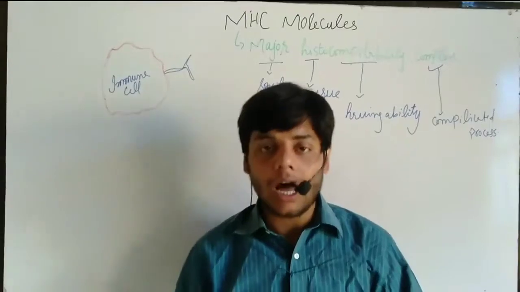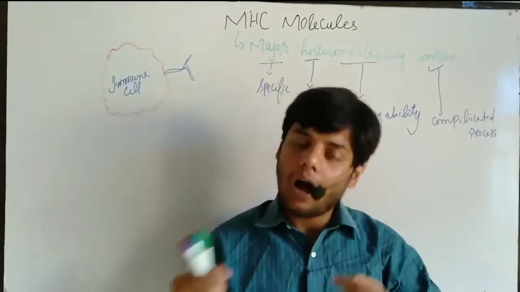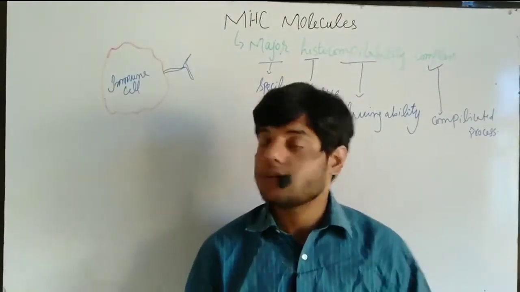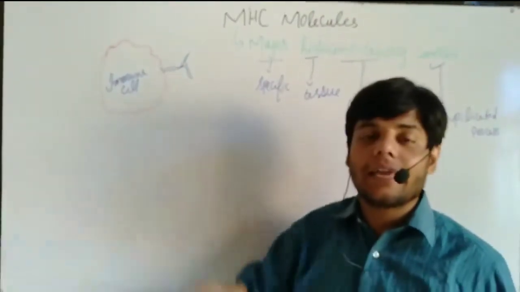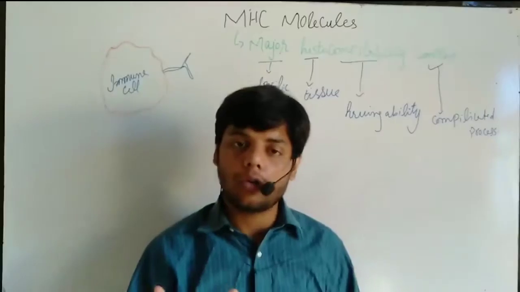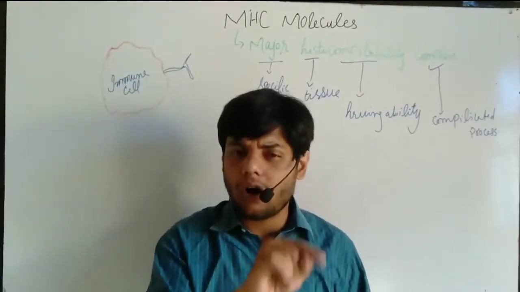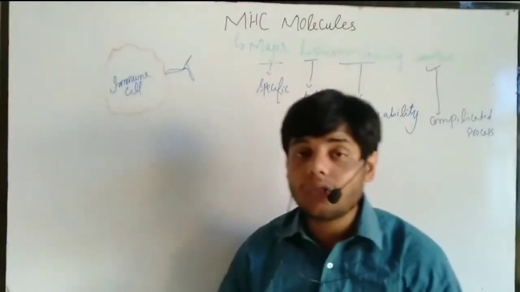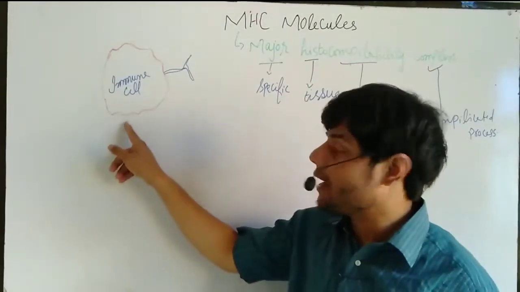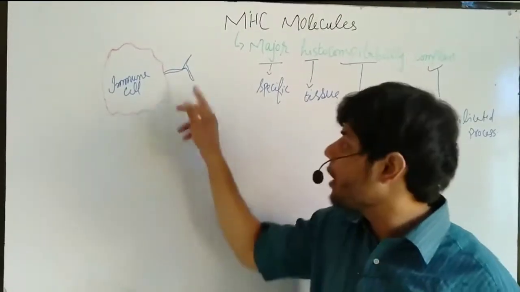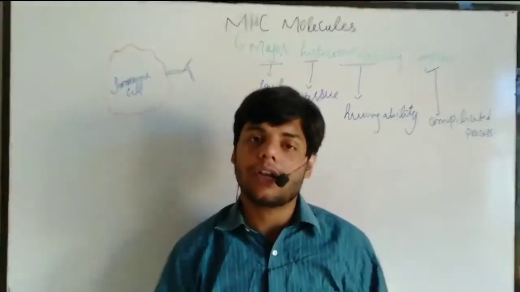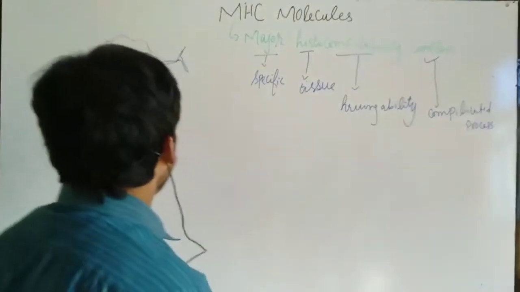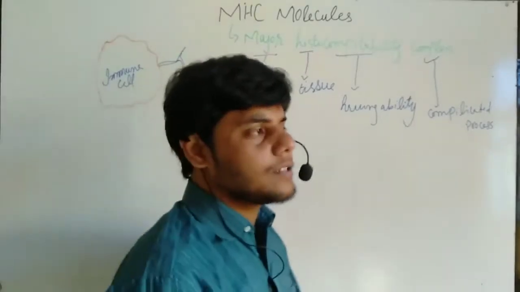If a foreign organ or tissue is transplanted into us, then our immune cells are activated and act against it. And how do they recognize it? They recognize each organ by this receptor, this molecule which we call the MHC molecule.